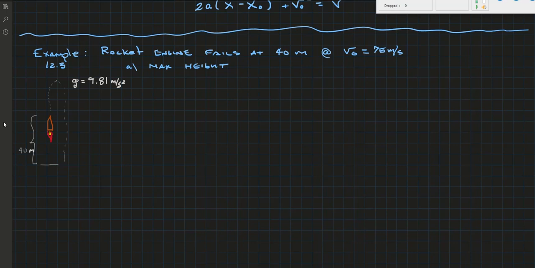So here we're looking for a distance. We're given constant acceleration. We're given a value of v0.